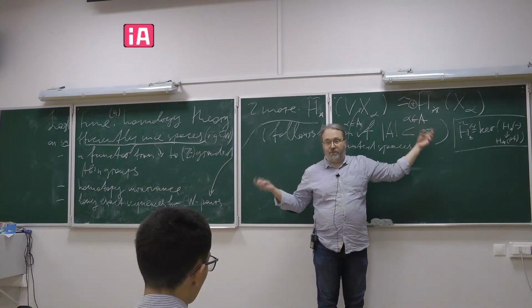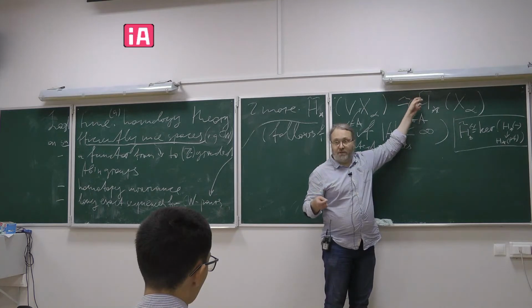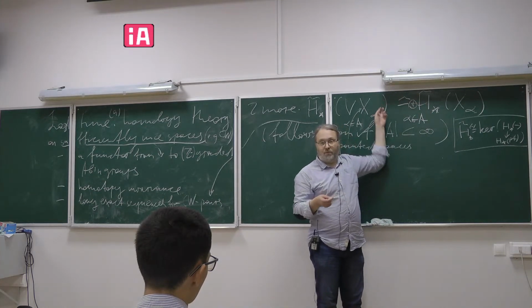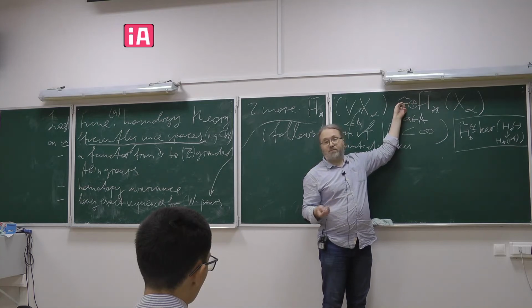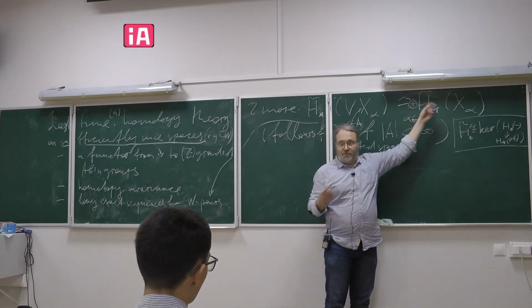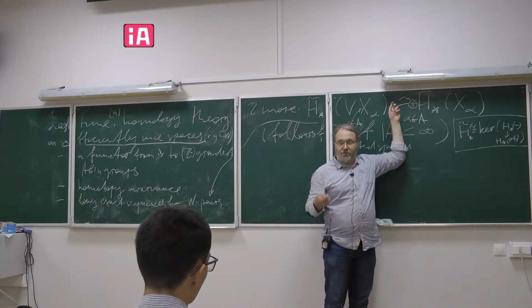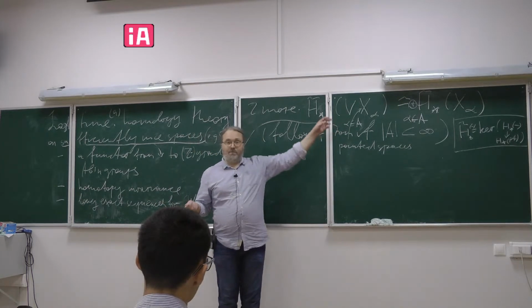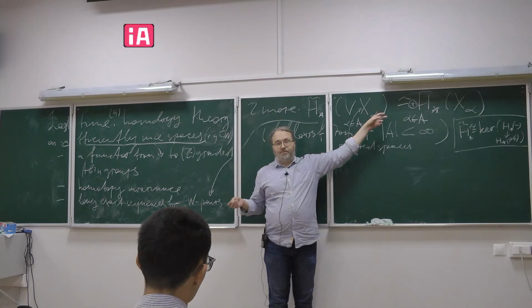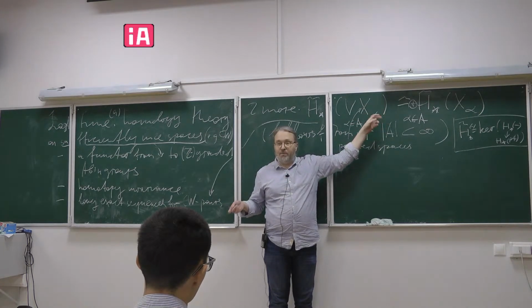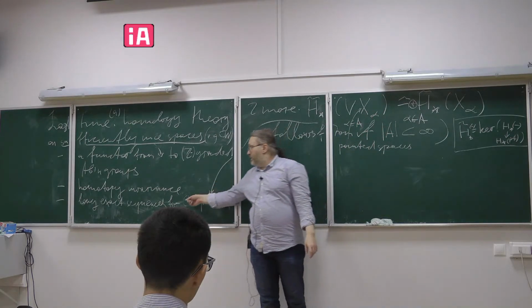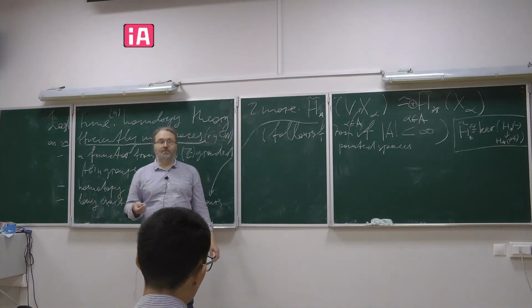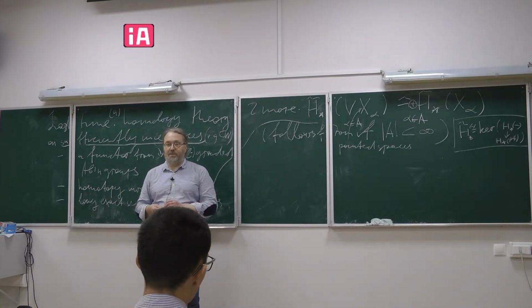And by general nonsense, we have a map from the direct sum to the homology of the wedge. And this property says that this map from the direct sum to the homology of the wedge is an isomorphism. And as I said, if there are finitely many summands in the wedge, this is nothing new. This follows from the previous axiom. Are there any questions?